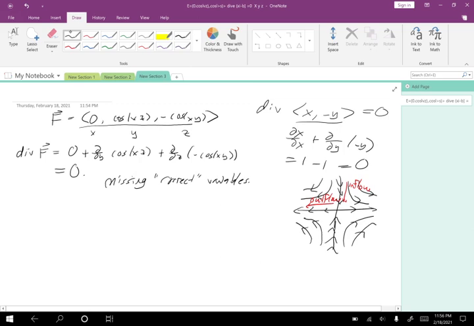So now let's compute the curl. So the curl of this vector field, I don't see a simpler way to do it other than just the determinant. So i, j, k, d dx, d dy, d dz, then we'll have 0, cosine, and then we'll have another cosine.